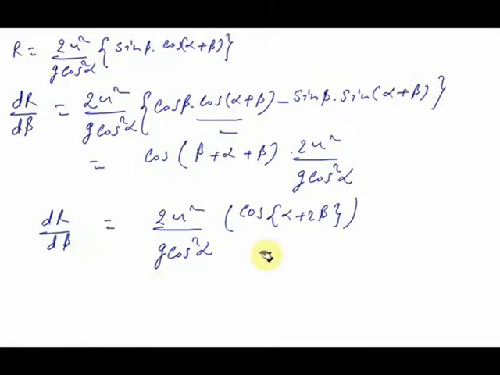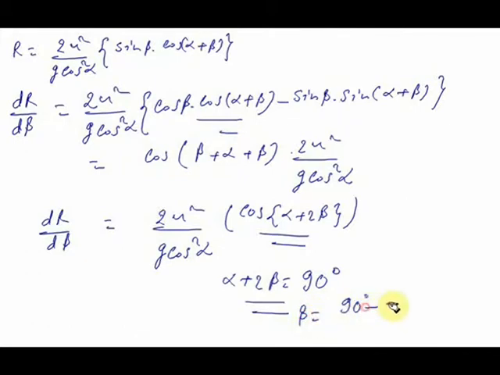So for maximum range, dR by d beta should be equal to 0, that is cos alpha plus 2 beta should be equal to 0, or alpha plus 2 beta should be equal to 90 degree. So this is the condition for the range to be maximum. So from here we can get the value of angle beta. This will be 90 degree minus alpha by 2.